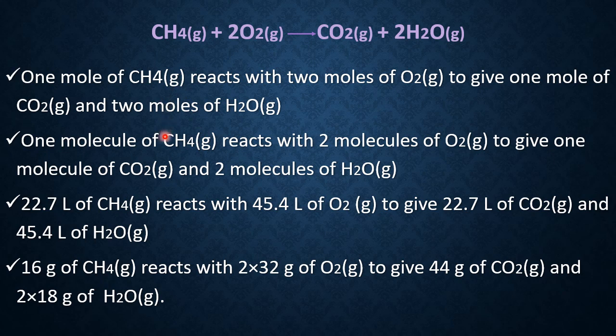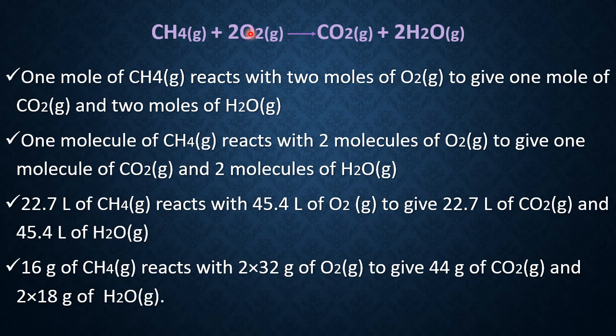Now he will tell us in terms of volume because they are in the gaseous form. So 1 mole of any substance in terms of gas equals 22.4 liters, Avogadro's hypothesis. Okay, right. So 22.7 is here. Both are equal. So 22.7 liters of methane reacts with what? 2 moles. 2 moles of what? 22.7 and 22.7, or 22.4, 22.4.